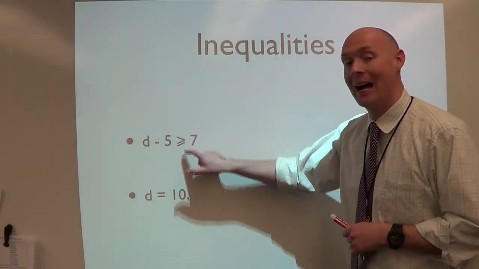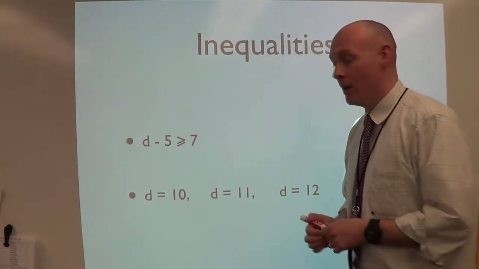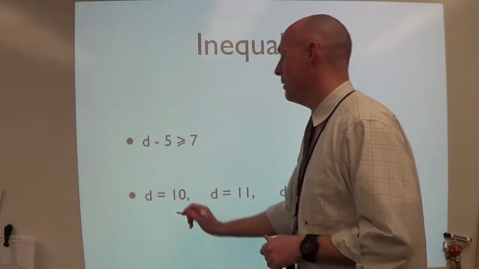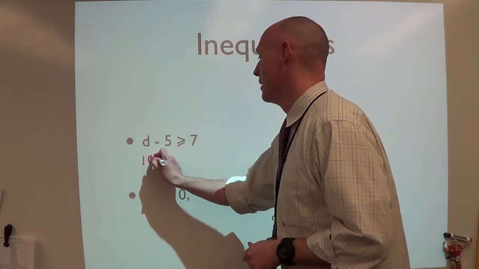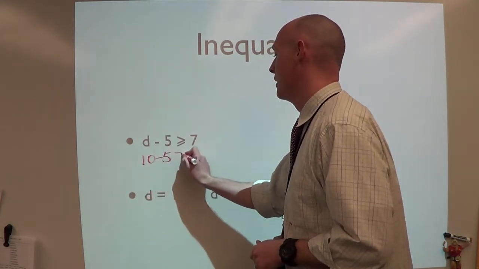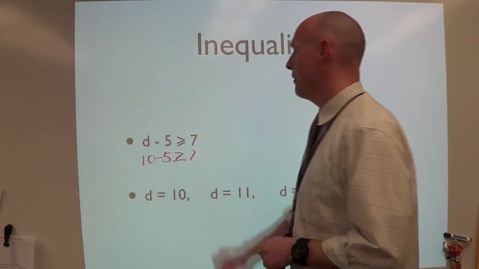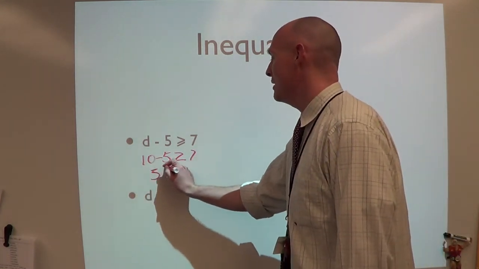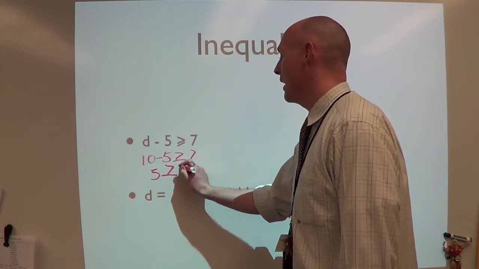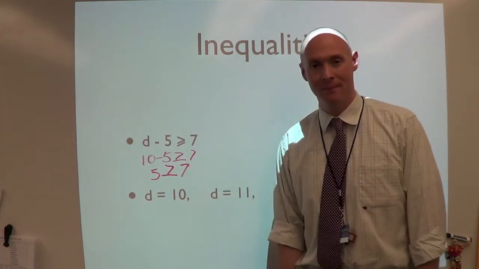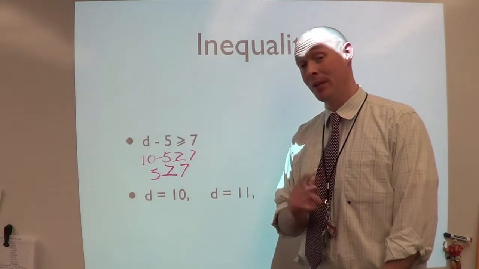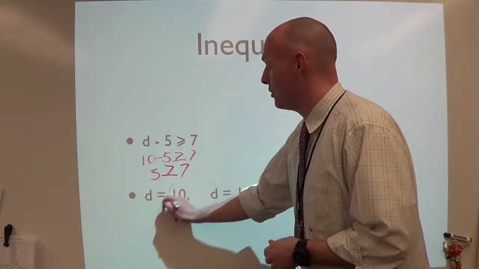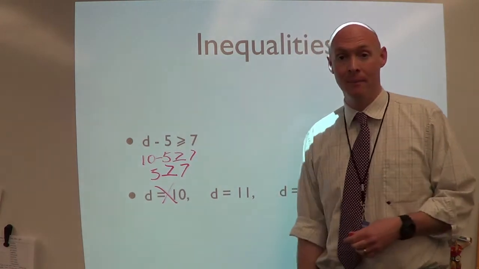Remember, there's that little line, or equal to. So let's substitute d. d equals 10, so we're going to say 10 minus 5 and 7. 10 minus 5 is 5. Is 5 greater than or equal to 7? Is it greater than 7? No. Is it equal to 7? No. So d cannot equal 10.